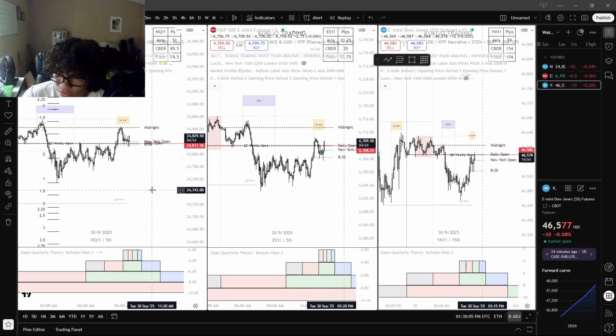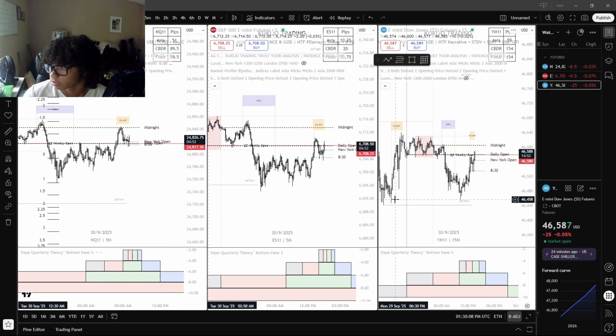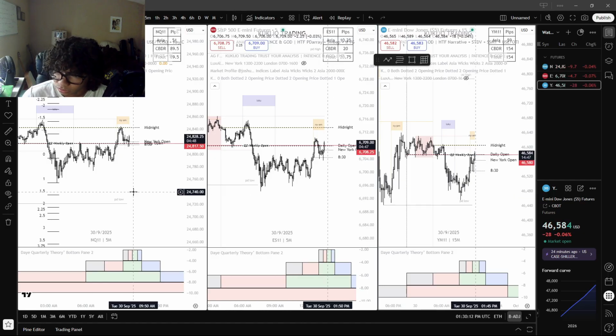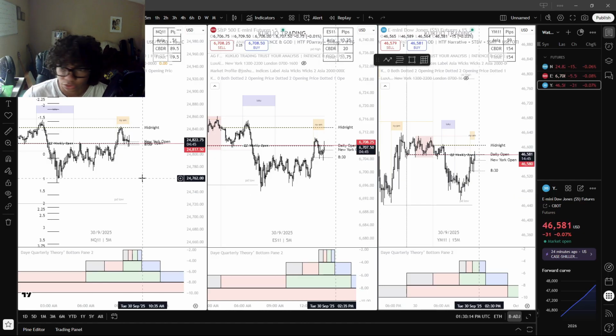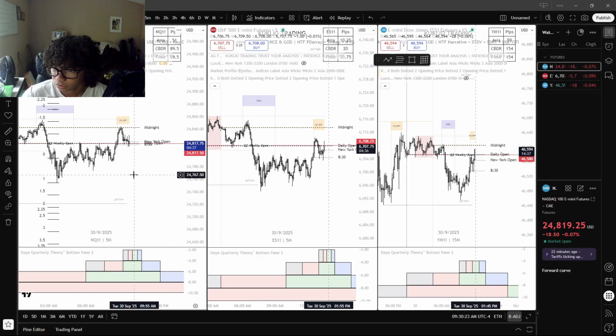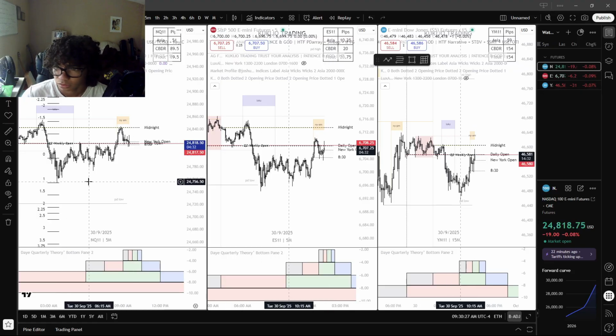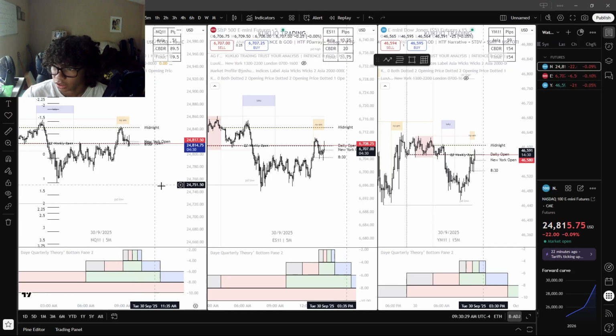NYC just opened and price is shooting way up. Alright, so this will determine the overall answer. Let's see how this would close.